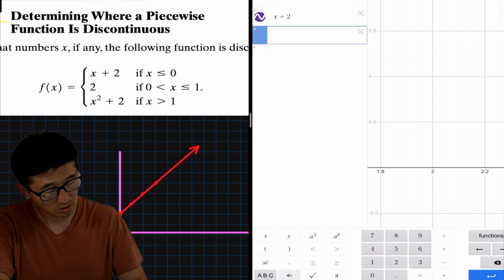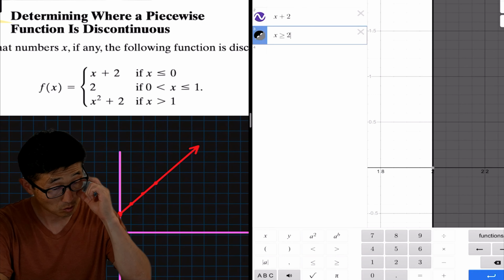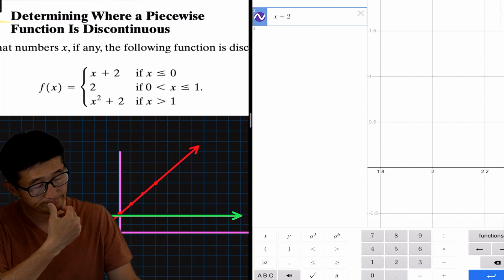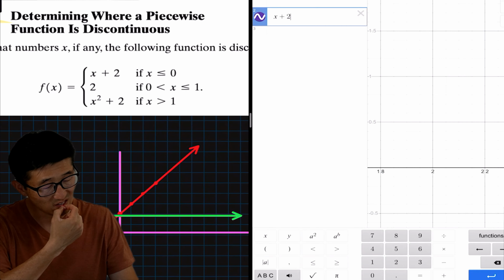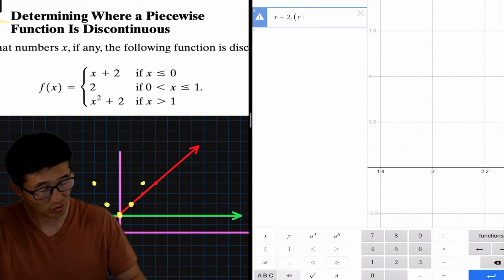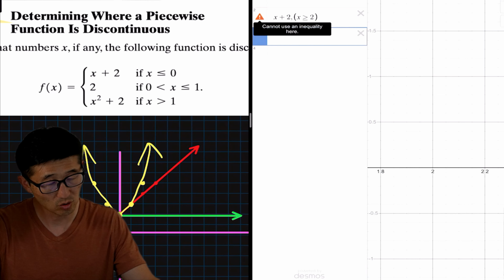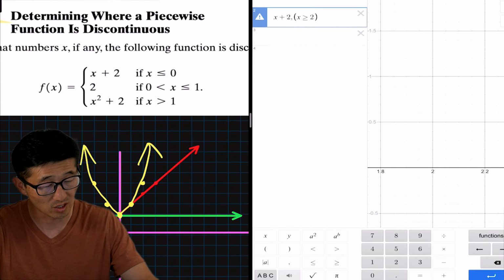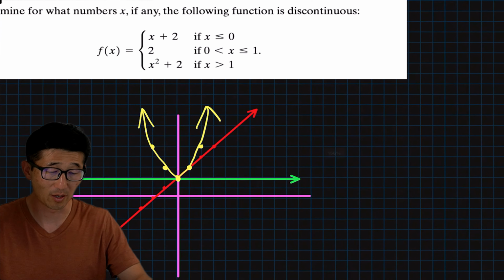How do I do conditions here? Wait. Cannot use inequality here. Okay. There's a way to graph this with the conditions, but I don't know how. So I have to rely on my hand.